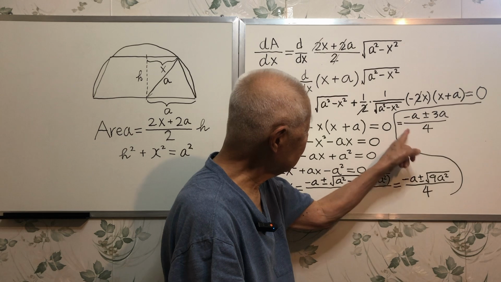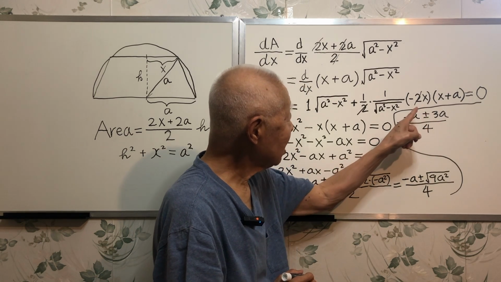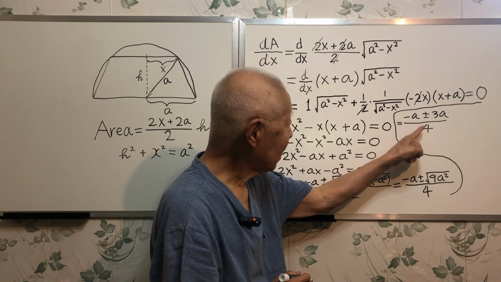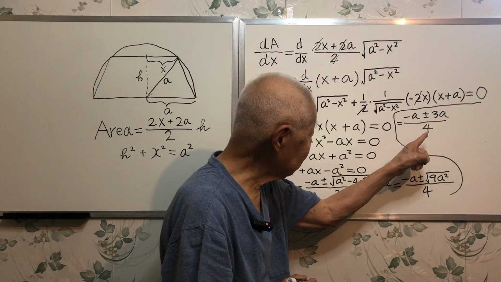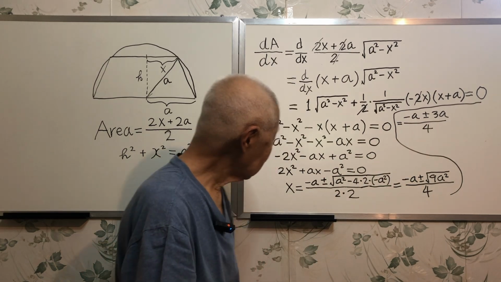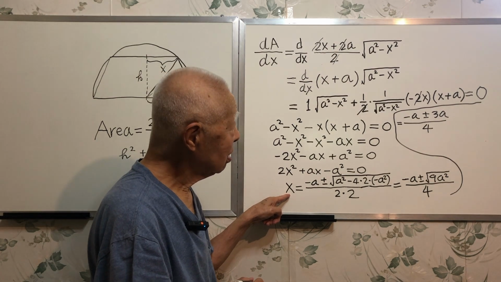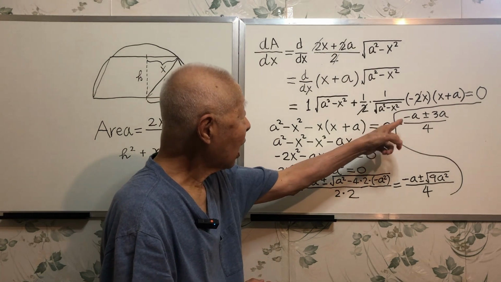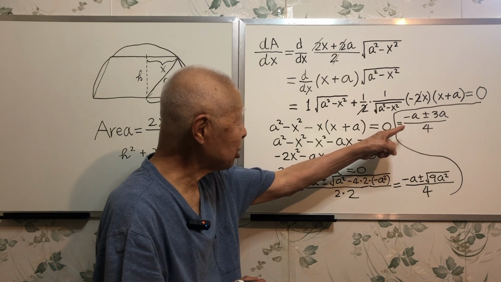I use plus sign, I get one answer. I use negative sign, I get another answer. But my x cannot be negative. Therefore, the negative answer is rejected.